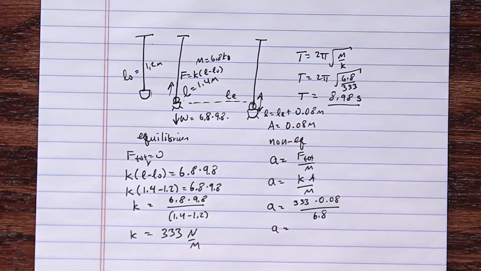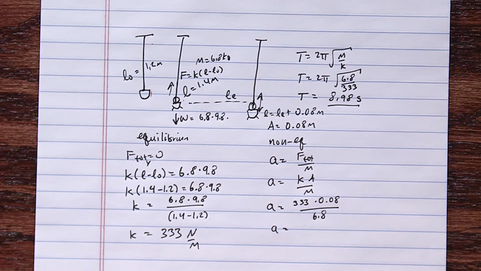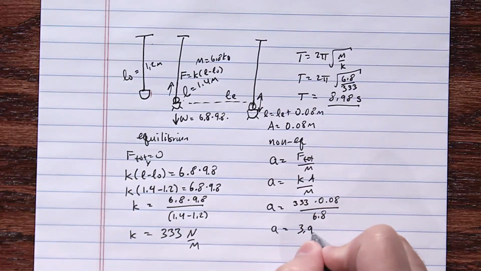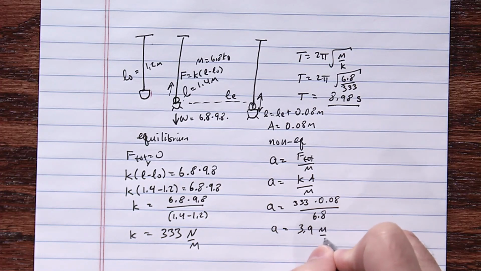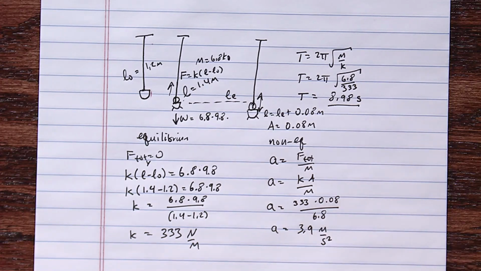That tells us that the baby's maximum acceleration is going to be 333 times 0.08 divided by 6.8, and that would be 3.9 meters per second squared. And that was the second question that we were asked to find.